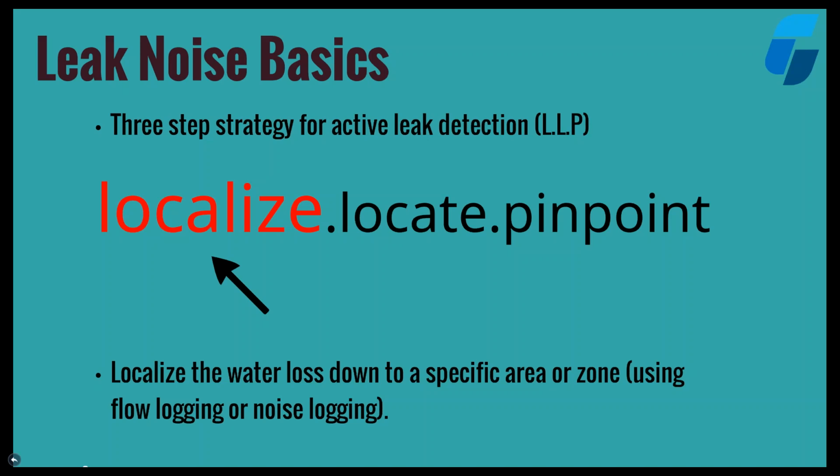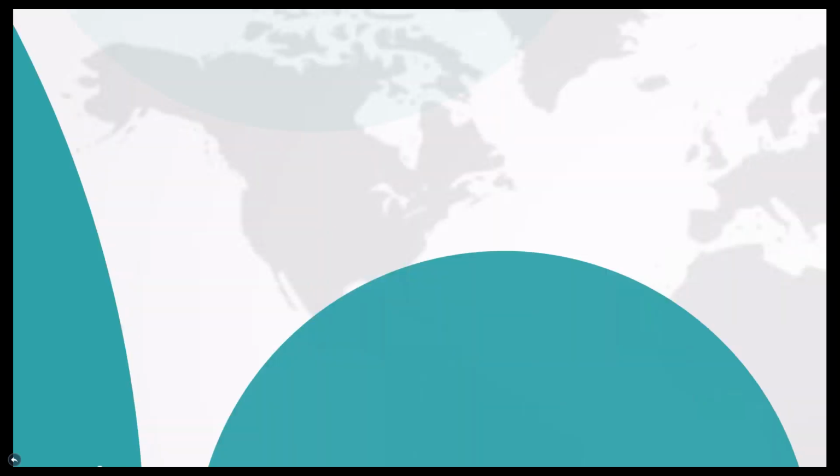Or doing noise logging with loggers is another approach for that first step. So when people say, where do I start? My system's real big. How do I start? The first one is to go out and localize specific quarter sections. Typically it's the older parts of town, but sometimes it's bad installation that causes leaks in your system. You want to go to the next one, Noah?